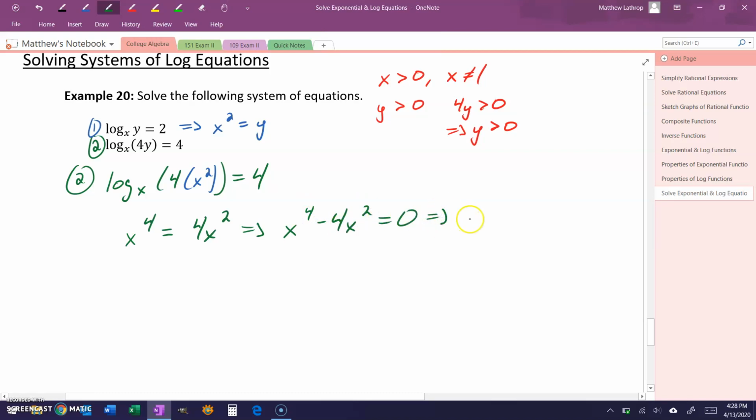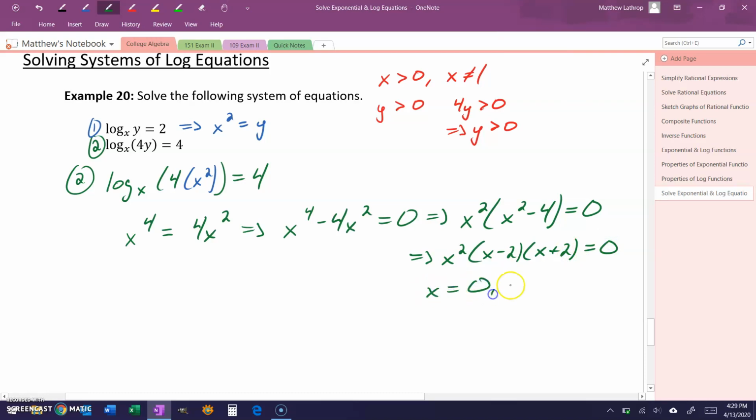And then we can factor out what's common, which in this case would be x squared, to get x squared times the quantity x squared minus 4 is equal to 0. Factoring one step further, we would get x squared times the quantity x minus 2 times x plus 2, which would give us three solutions, 0, 2, and negative 2.